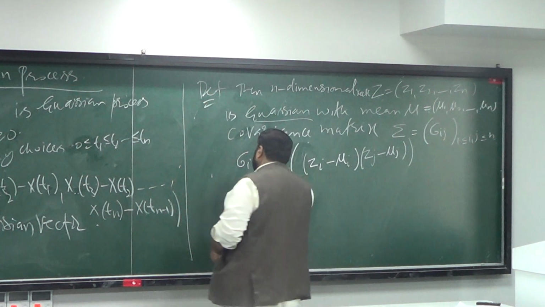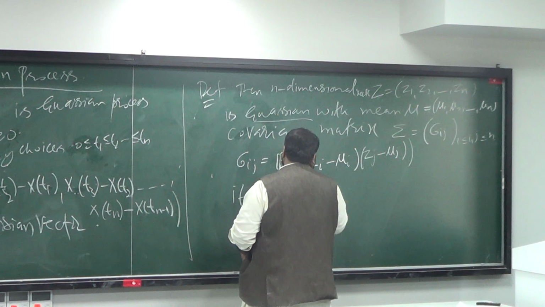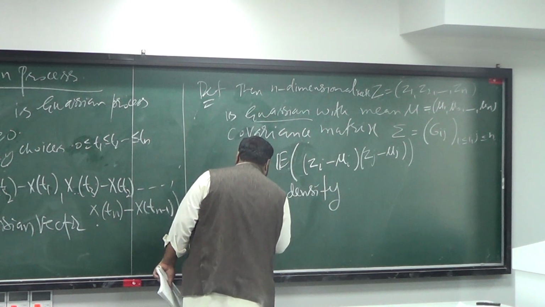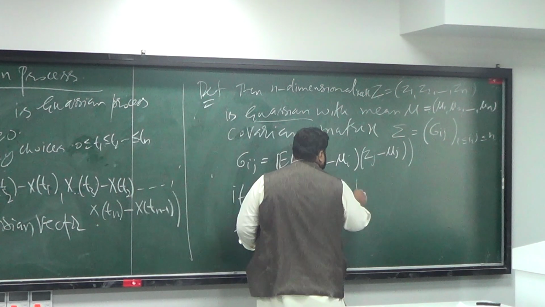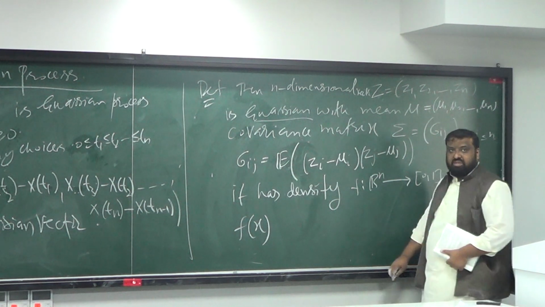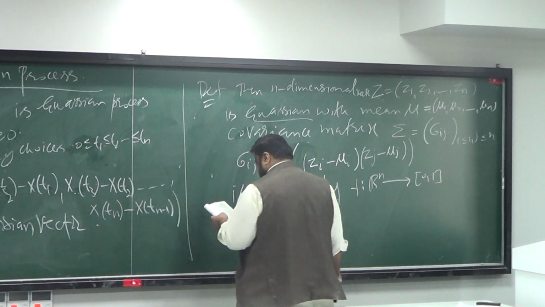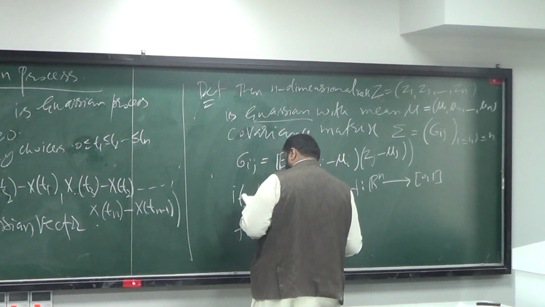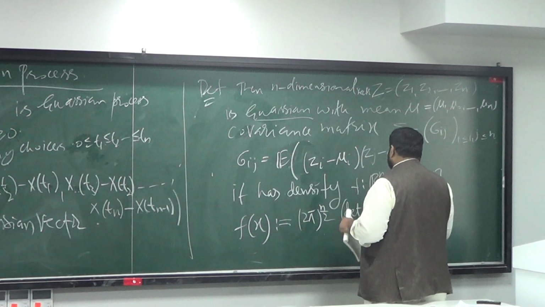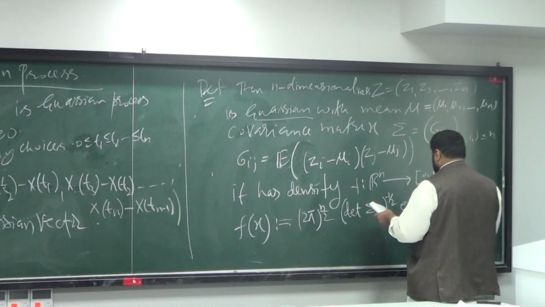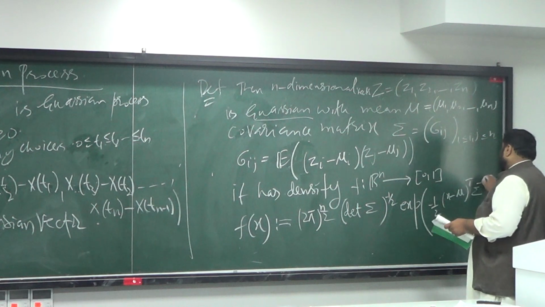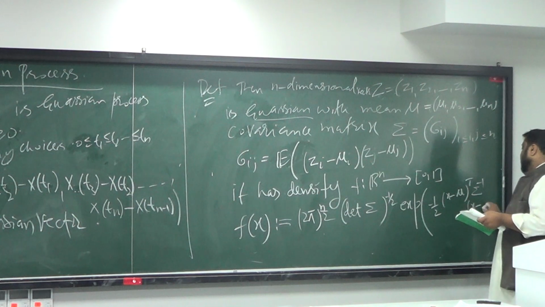The meaning is that it has a density which looks like this. f of x, that takes values from R^n and assigns them a probability between 0 and 1, has this kind of expression: (2 pi) to the power n over 2 times the determinant of the matrix sigma to the power minus 1/2, times the exponential of minus 1/2 (x minus mu) transpose times the inverse of the sigma matrix times (x minus mu).